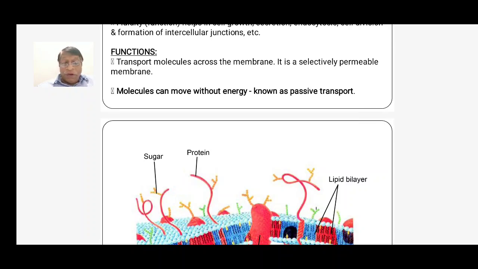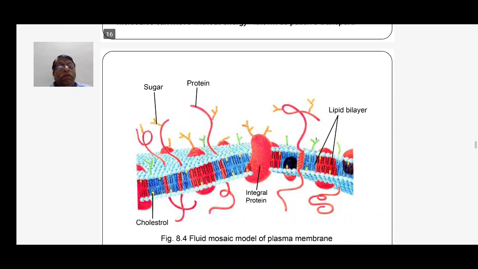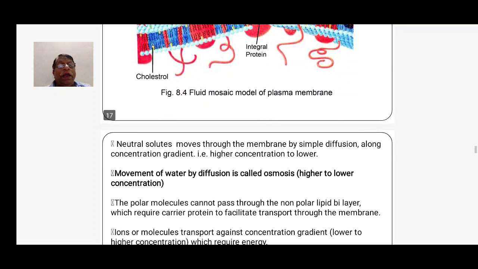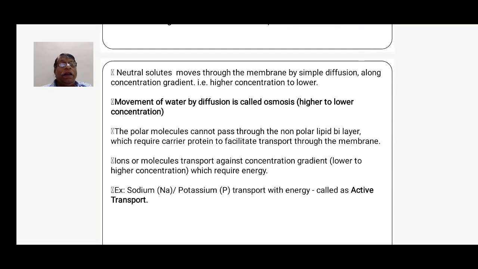How do the neutral solutes move? Let us see. The neutral solutes move through the membrane by simple diffusion.